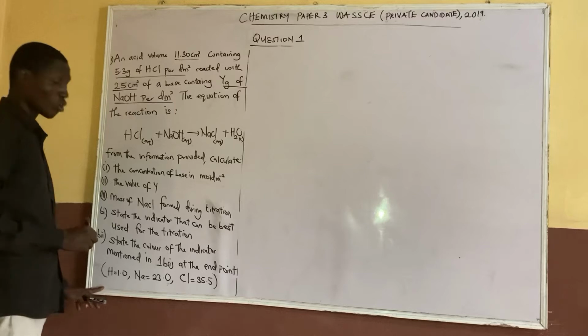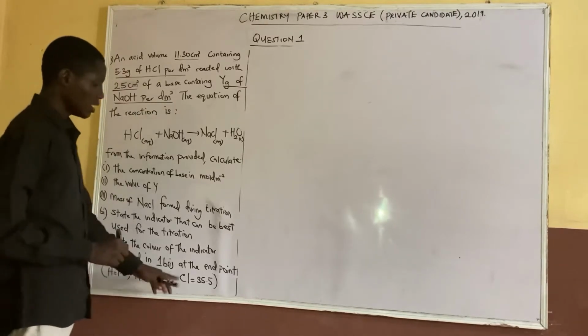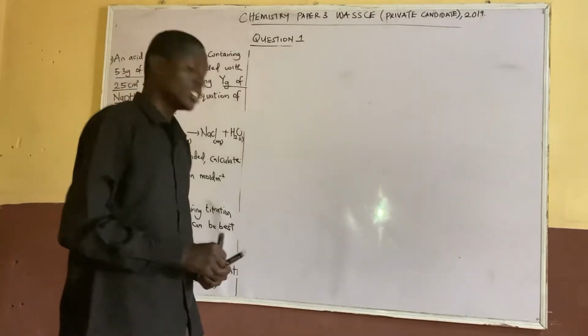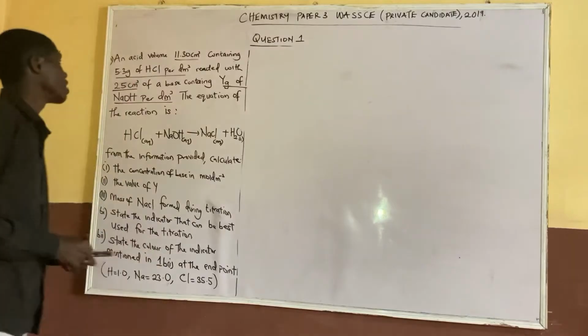Given that the atomic mass of hydrogen is 1, sodium is 23, and chlorine is 35.5. Now, how do you go about this?